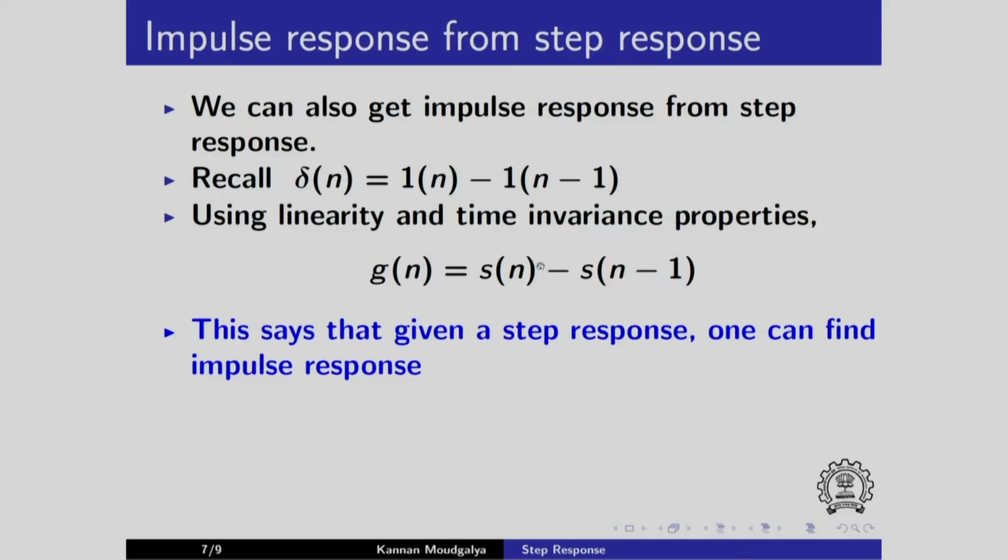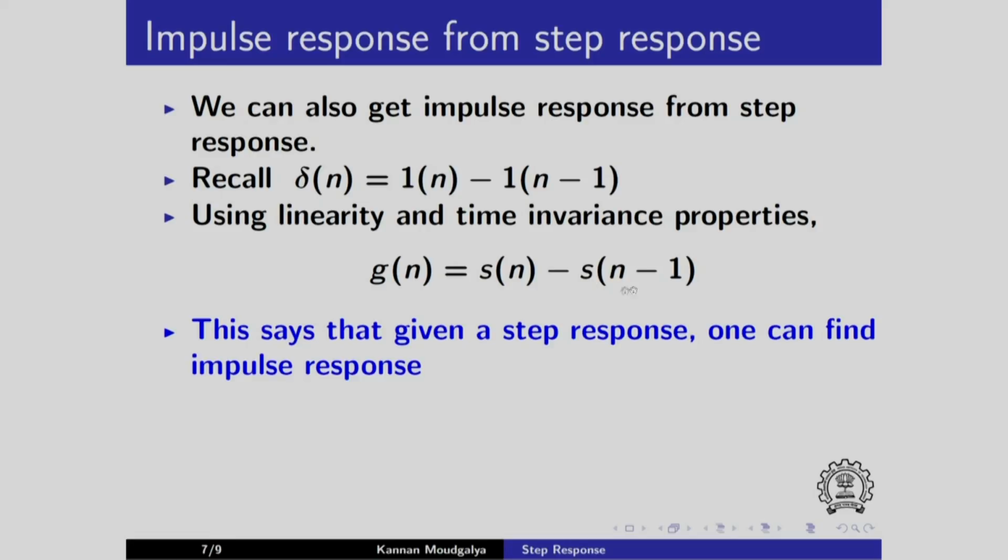Recall that the only experiment you have to do is S of n, that is you have a linear time invariant system, initially at rest, and you give the step that starts from n equals 0 onwards. You measure that output, you call it S of n.